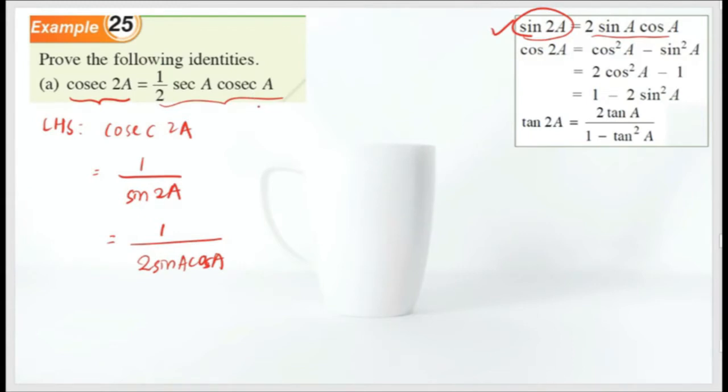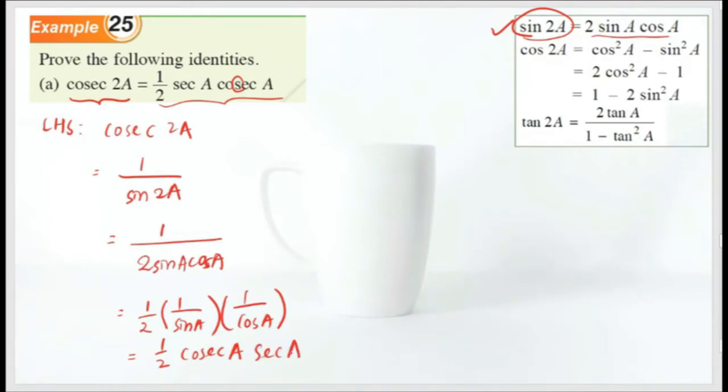So what does this mean? This means 1 over 2, and we can separate it out: 1 over sine A, 1 over cos A. The reciprocal for sine A is cosec A, and the reciprocal for cos A is sec A. After this, we change the sequence again.